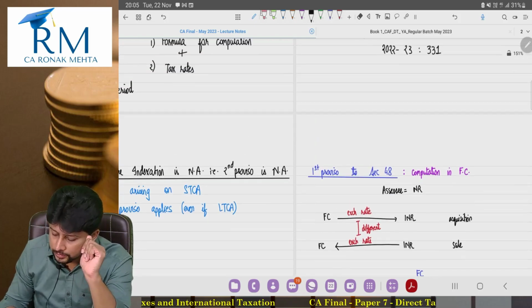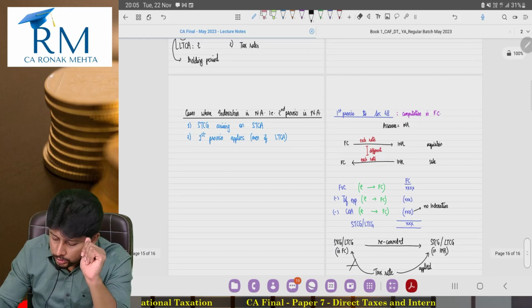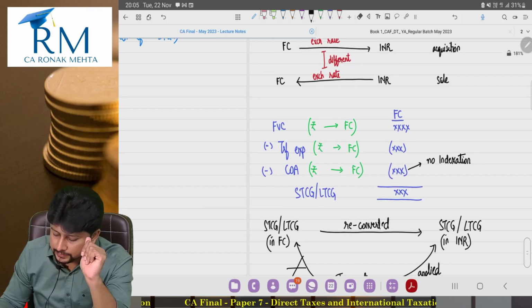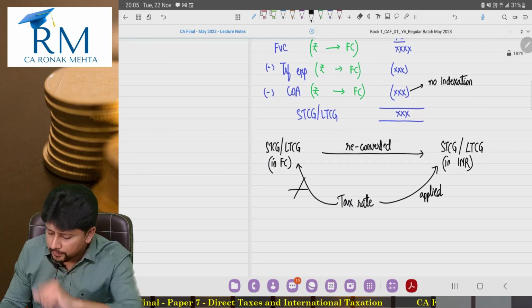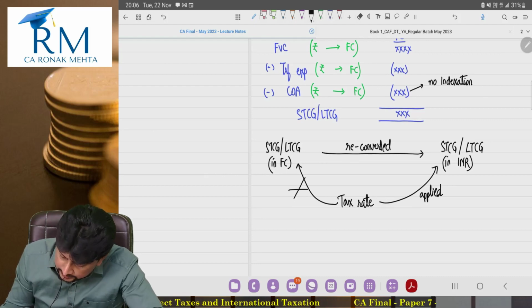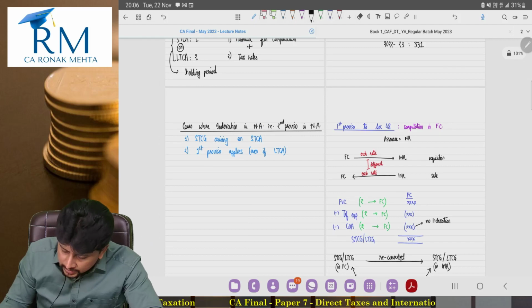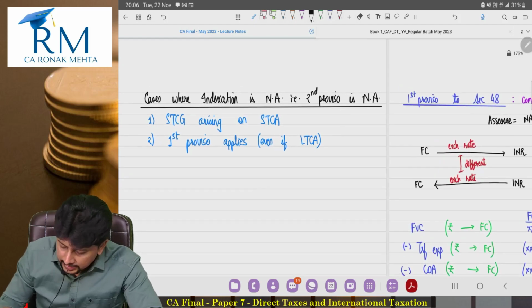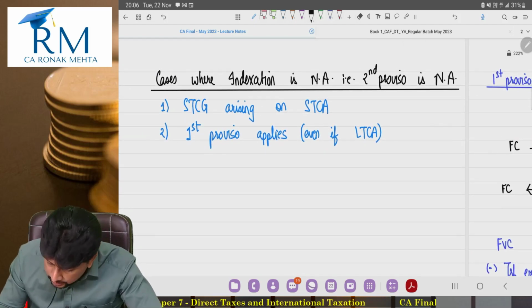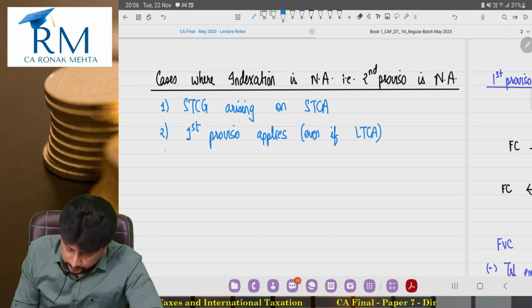And the first proviso tells you, do your calculation of capital gains in foreign currency, reconvert them into Indian currency only for tax rate purposes. Chalo, coming back to this list, the cases where indexation is not applicable.